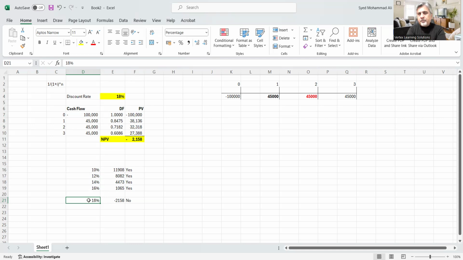Is NPV profit from a business? Like when you said 10%, so profit is 11,000. If I put this 10% here back again for discussion, NPV is 11,000. So is this 11,000 my profit? The answer is no. Is this my cash?